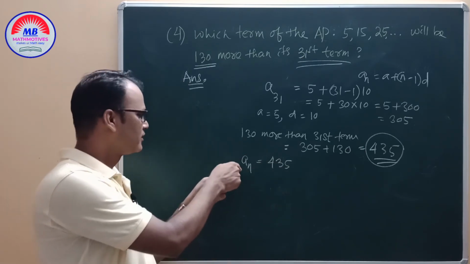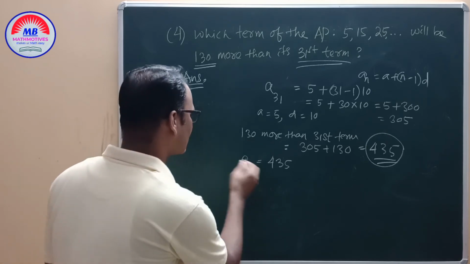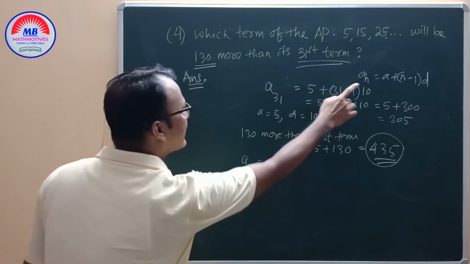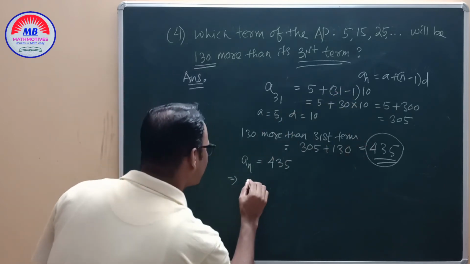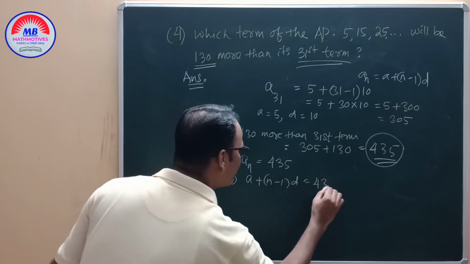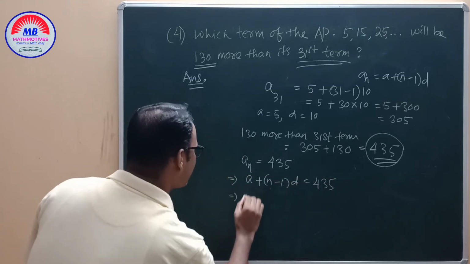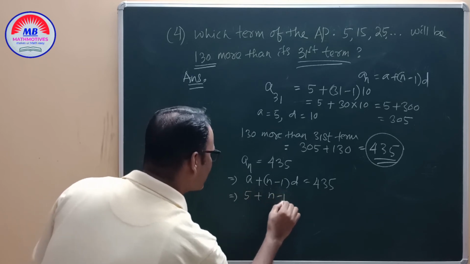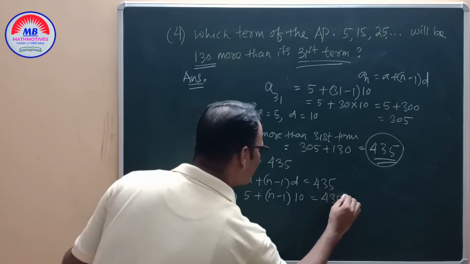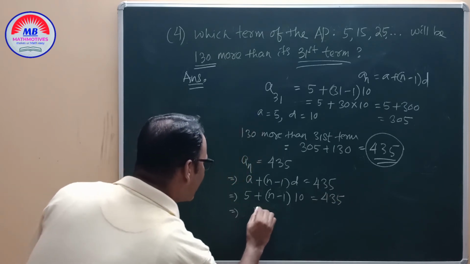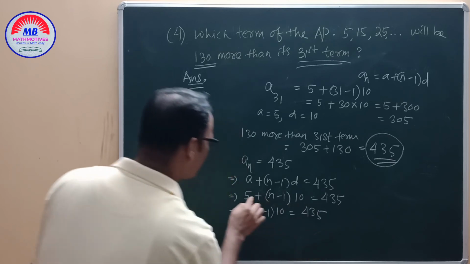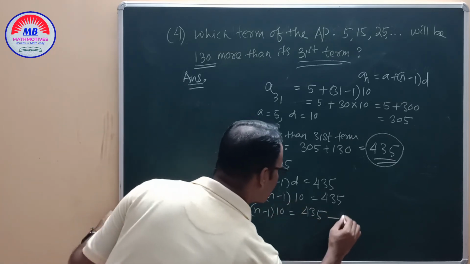Then you find which term, the value of n. So an equal to a plus n minus 1 into d equal to 435. That implies 5 plus n minus 1 into 10 equal to 435. That implies n minus 1 into 10 equal to 435, 5 is plus here, subtract.